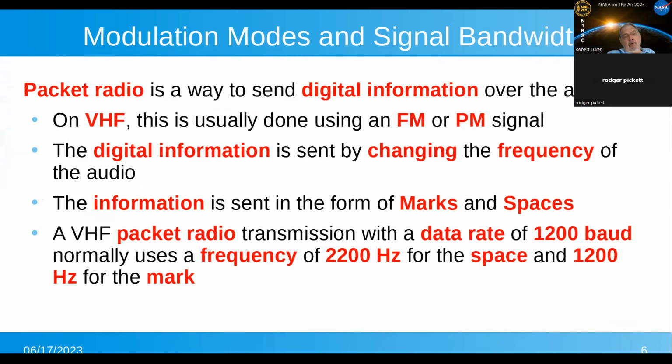Okay, packet radio is a way to send digital information, and they send packets of bits, marks and spaces, to represent the digital signal. So they send multiple bits at a time in what they call a packet. And they use FM or PM for VHF or UHF.